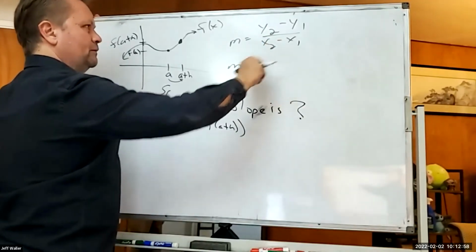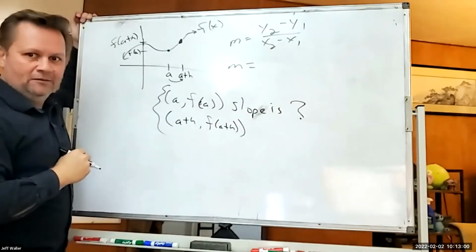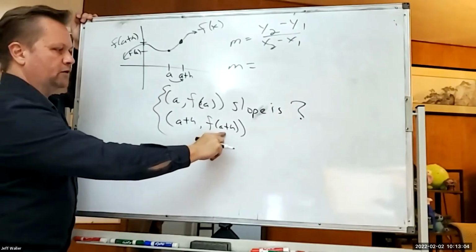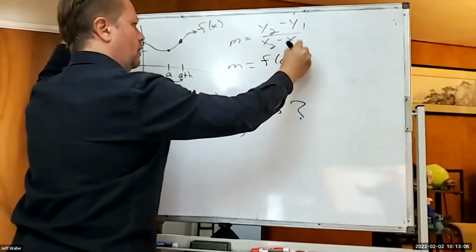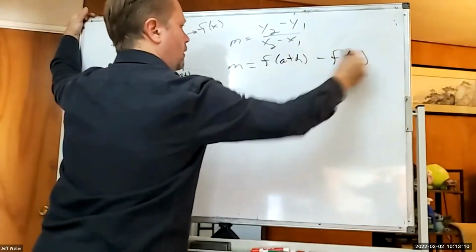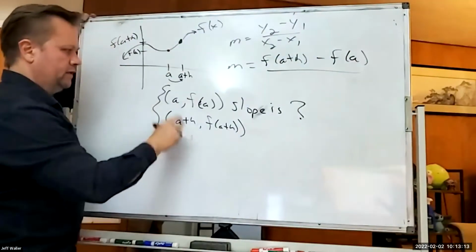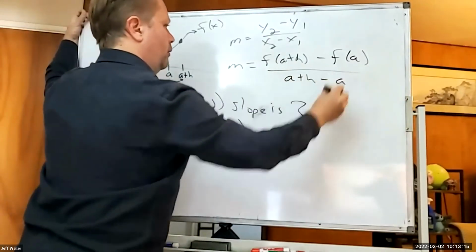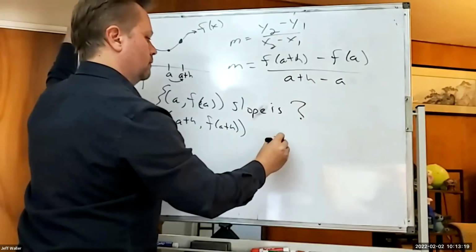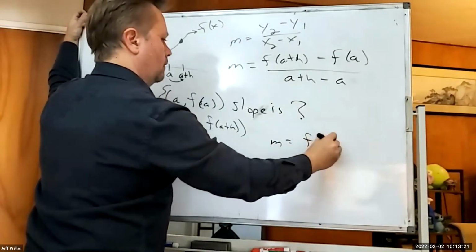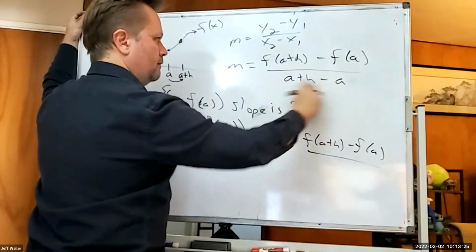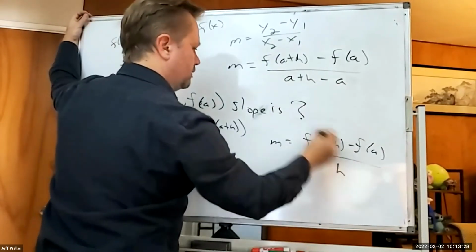What's y2? The second point, f of A plus H, minus f of A, over A plus H minus A. And of course, the bottom becomes H. Does that look familiar to anybody?